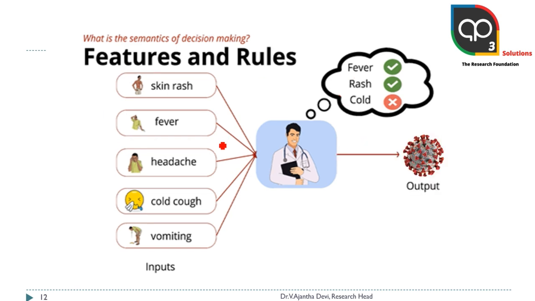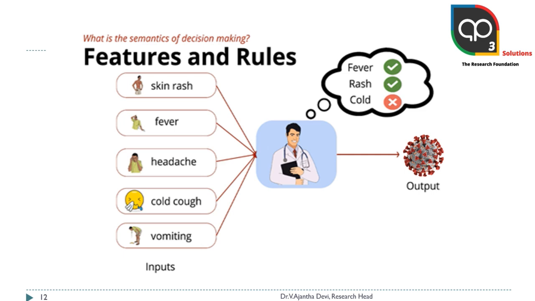So in this particular case, we have converted the rules into a set of programs. It would be an if and else condition, and for each of these if and else conditions we have defined what the output should be.